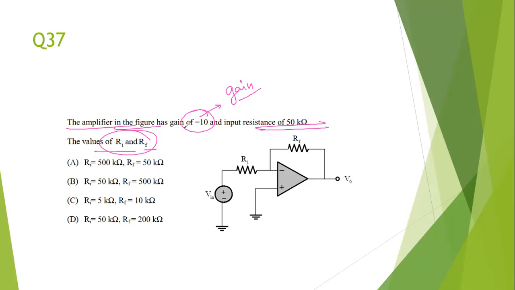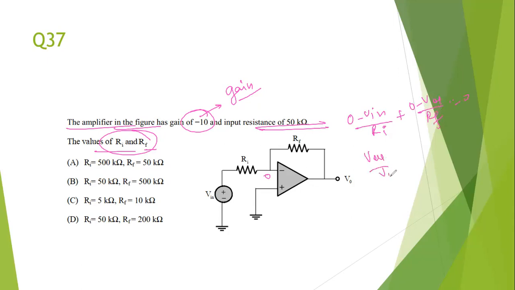Now, this is 0. So (0 minus V input) by Ri, plus (0 minus V output) by Rf equal to 0.